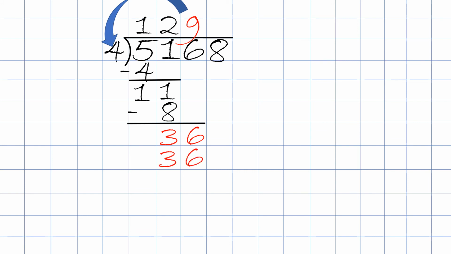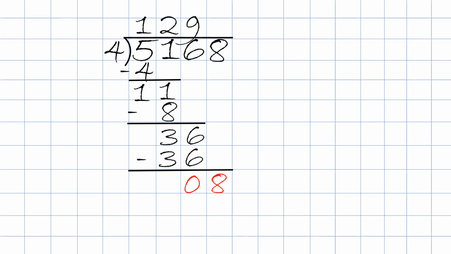And we write the 36 right underneath the other 36. We subtract. The answer will be 0. And we bring the 8 straight down. So now we have 8.